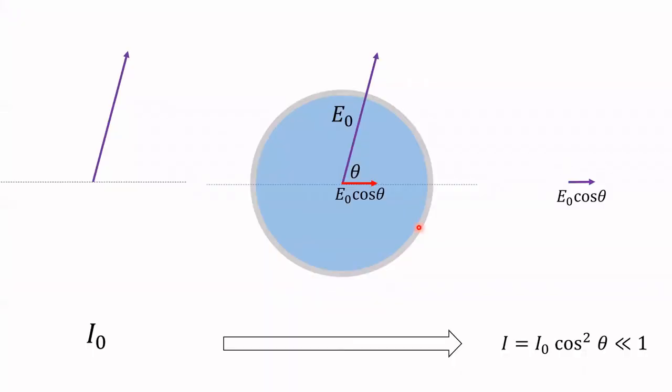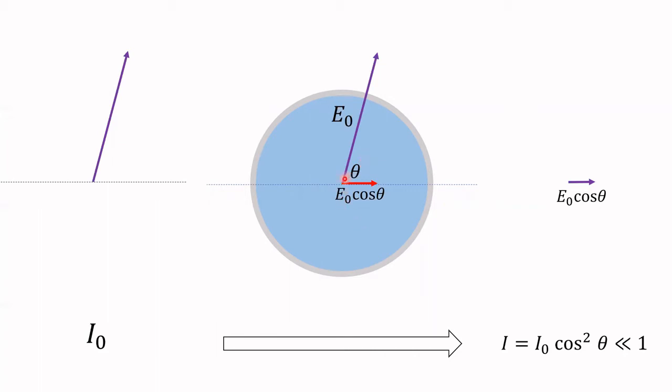Okay, here's a slightly different example. In this case, the incident electric field is almost perpendicular to the axis. So now I've got the axis of the filter horizontal. This angle here is not quite 90, so they're not totally perpendicular.